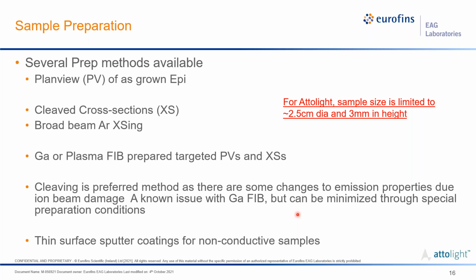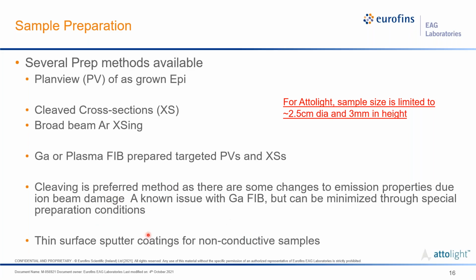And in general though, cleaving is the preferred method for cross sectioning, as there are some changes to emission properties due to ion beam damage and implants. So this is a known issue with gallium FIB, but we've done a lot of work here in the lab to minimize the effects of gallium FIB on our samples through different special preparation conditions.